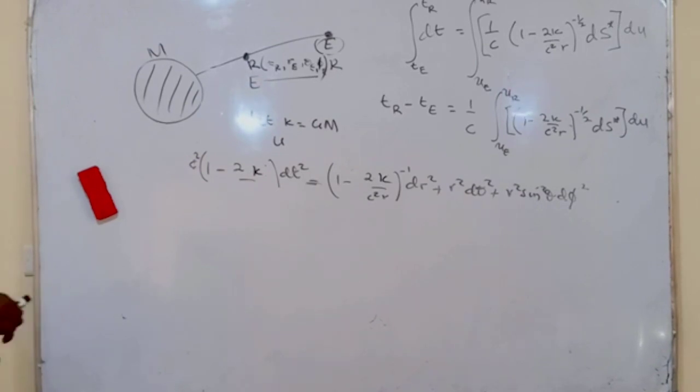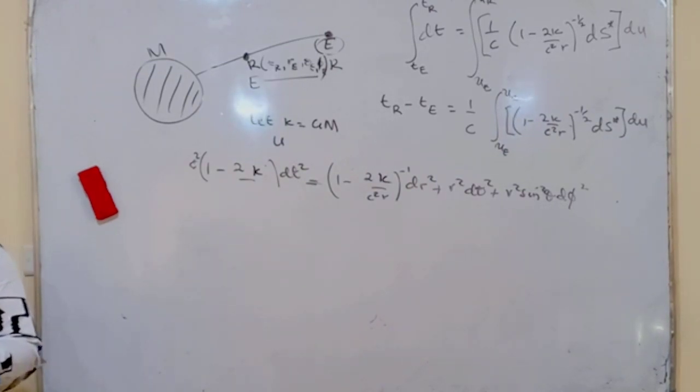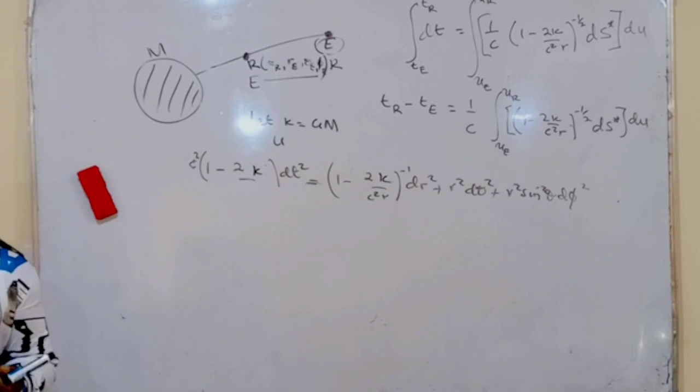So, what if I have two signals? I emit one, and then after some time, I emit another one. You get the point? I emit one signal, it goes from my emitter to receiver.